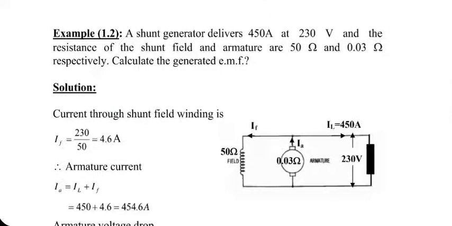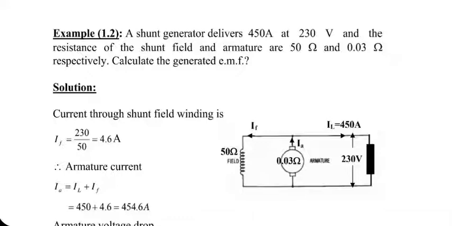Okay. You have RA, which is the armature resistance, which is given as 0.03 ohm. That actually should have been shown in series with the two brushes, but he is writing it inside the circle. Fine. The total current drawn is 450 amperes, and the terminal voltage is 230 volt.